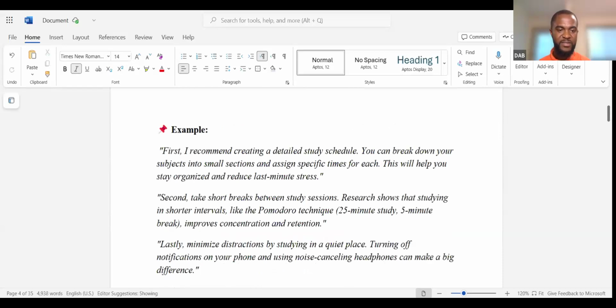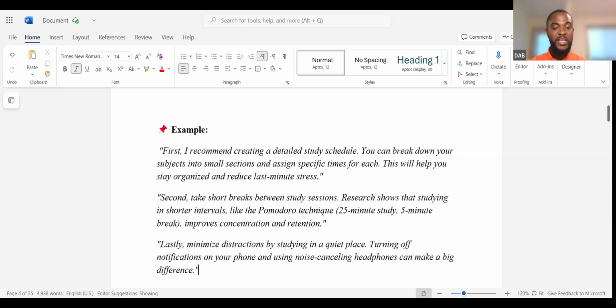So first, second, and lastly. These are called transitional words. We have transitional words like firstly, primarily, secondly, also, moreover, although. All these words are transitional words that link ideas together.